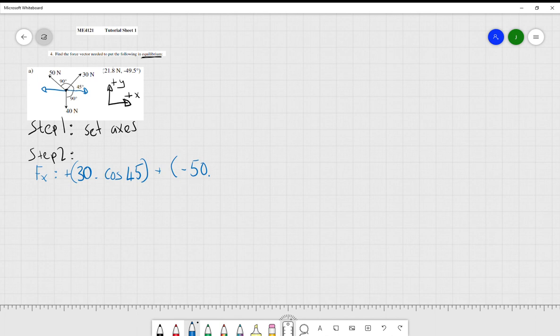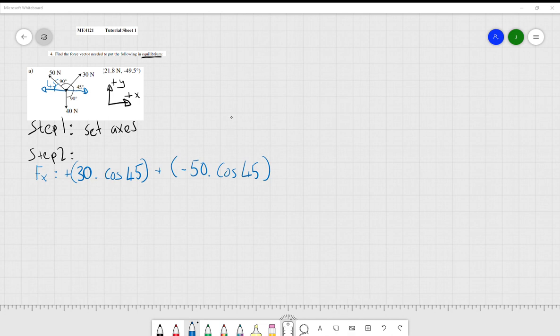And that's going to be, again, cos 45. You're asking, where did I get that 45? I'm using this angle here, and that's going to be 45. So 45 plus 90 plus 45 gives you the 180. And they're the only x components in this. So cos 45 is 0.71-ish.